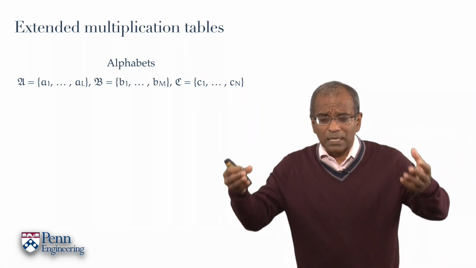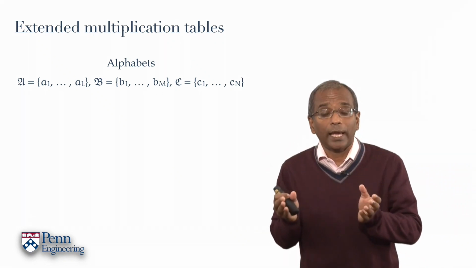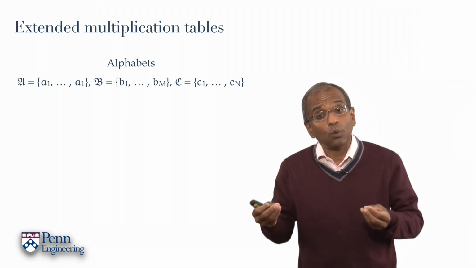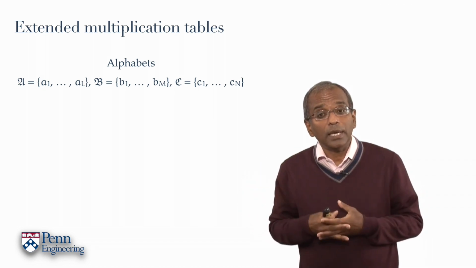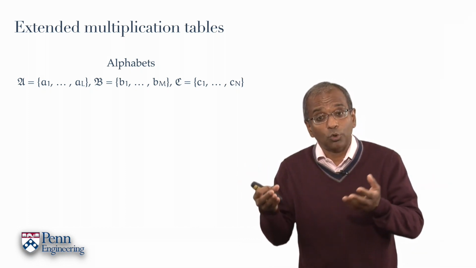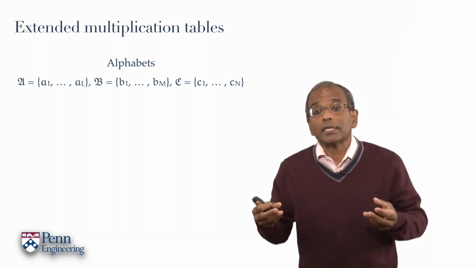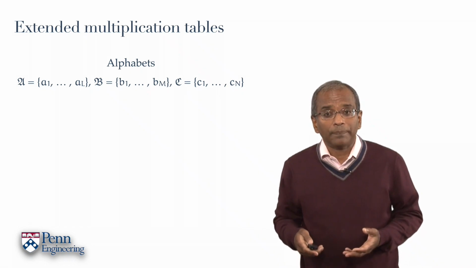We will deal with a certain amount of abstraction by assuming that the first alphabet, Gothic A, has, let us say, L elements labeled A1 through AL. The alphabet Gothic B has, say, M elements labeled B1 through BM, and the alphabet Gothic C has, let us say, N elements labeled C1 through CN.